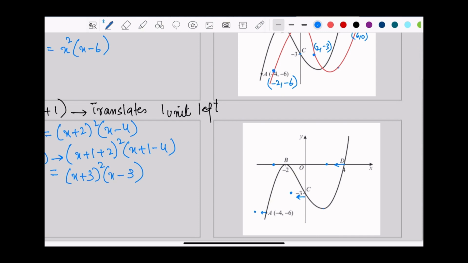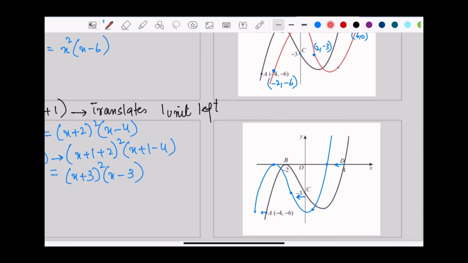So I'll join these dots. Something like this. So the curve entirely moved 1 unit to the left.